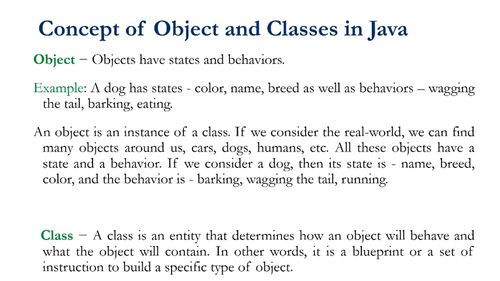If I take the example of a dog, the state of a dog is its color, name, or breed. The behavior of a dog is wagging its tail, barking, and eating. These are the behaviors described for a dog.